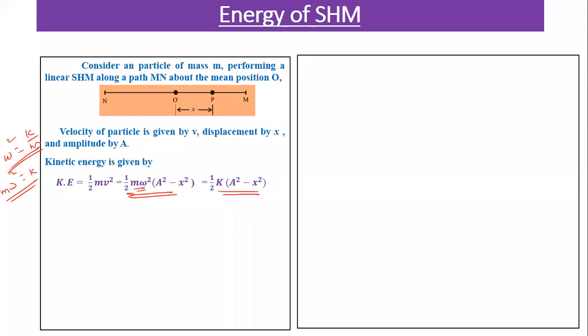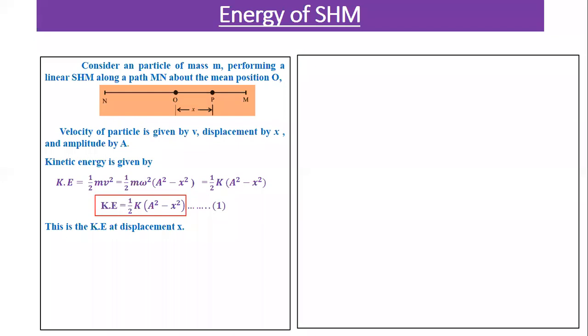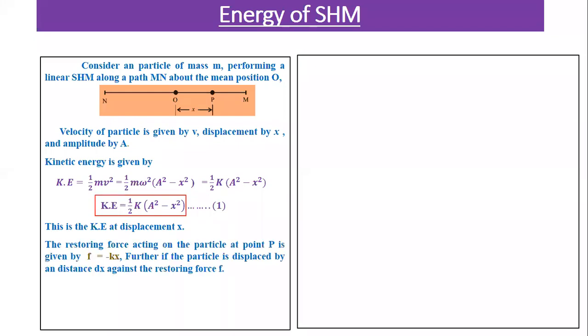This is the first expression, in terms of m and omega, and this is the second expression, in terms of k. So we get the formula for kinetic energy: 1 by 2 k in a bracket A square minus x square. This is the kinetic energy at displacement x.